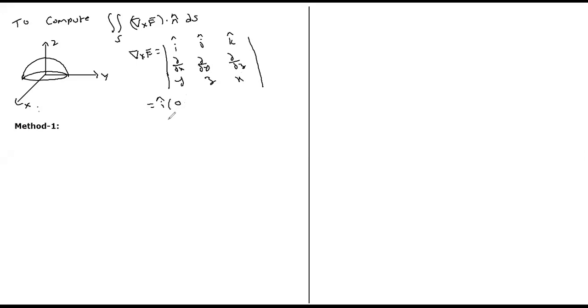Y is at x minus dou z of x: this is 1, minus j into (0 minus 1), plus k into (0 minus 1). So what you are getting is minus i bar minus j bar minus k bar. Agreed? Curl f bar is minus i bar minus j bar minus k bar.